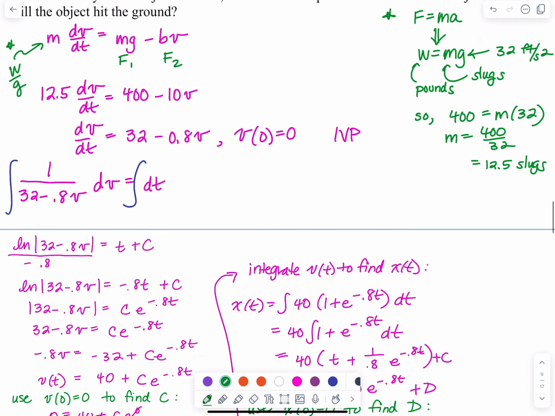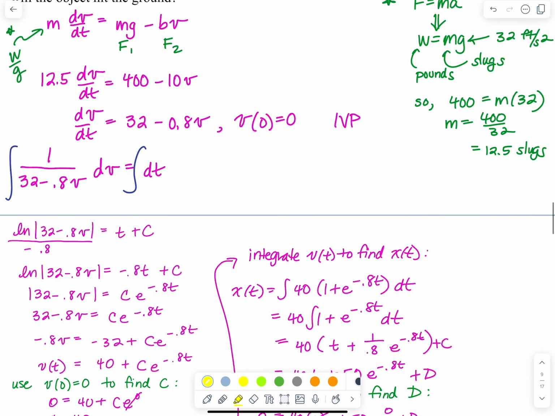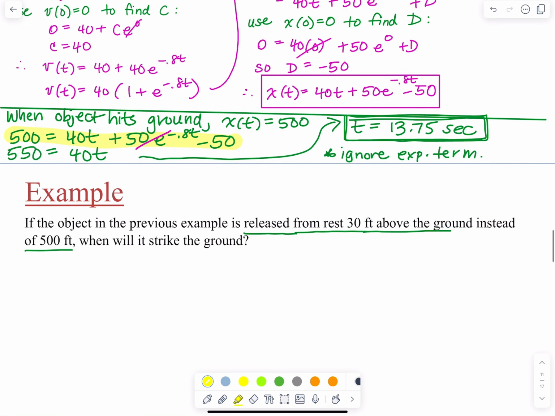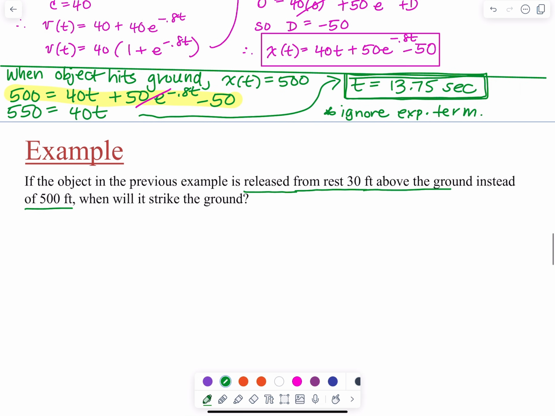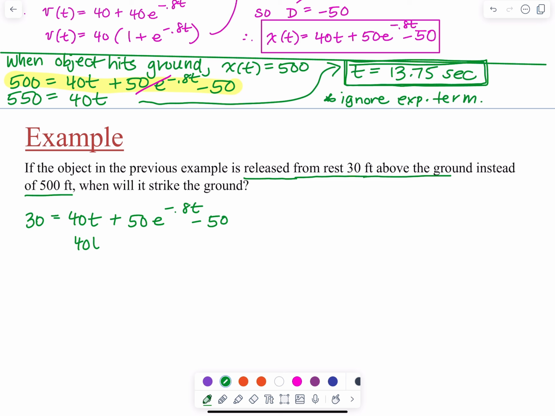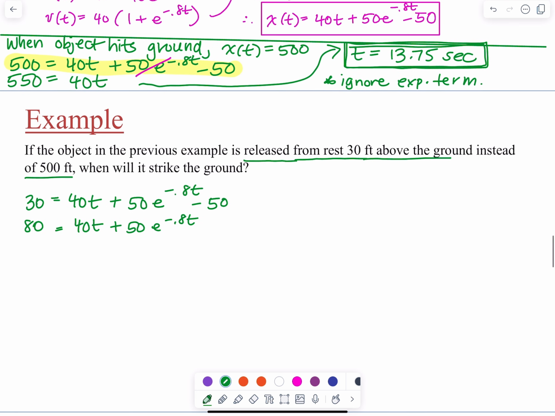So using this same equation here, we now have 30 equals 40t plus 50e to the negative 0.8t minus 50. And we will end up with 40t plus 50e to the negative 0.8t is equal to 80.